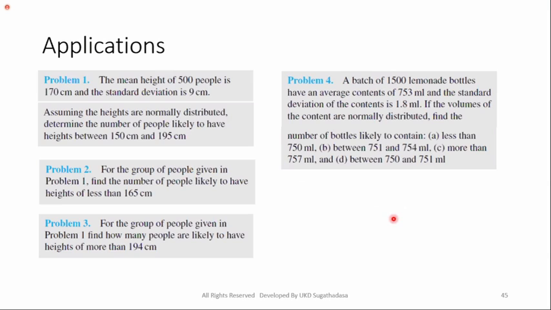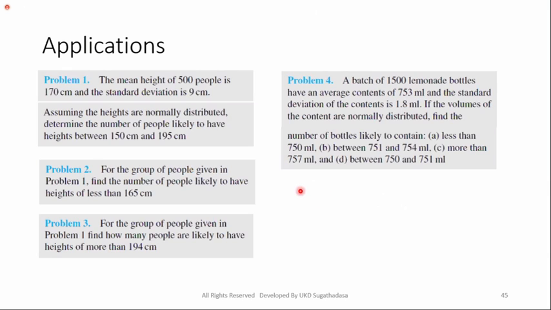Convert to Z. The middle one just straight away you can write Z, right? First one, 751 minus 753 divided by 1.8 less than Z. It's not necessary to write the X minus or something like that. Final one, 754 minus 753 divided by 1.8. Shall I read it again?